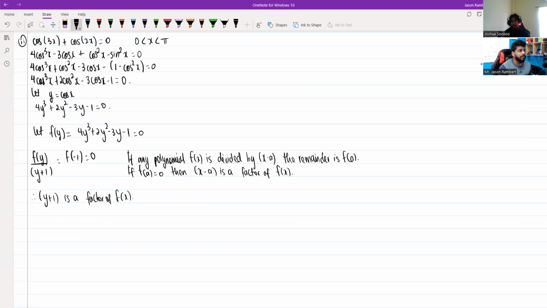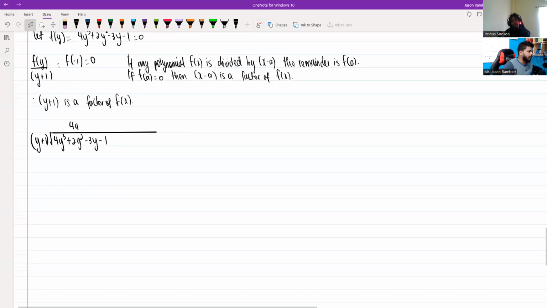Now, you can do one of two things. You can use synthetic division, or you can use long division to figure out what the quadratic is attached to this polynomial. So let me do it with long division. I'll have my y plus 1 divided into my whole big long polynomial, which was 4y cubed plus 2y squared minus 3y minus 1.